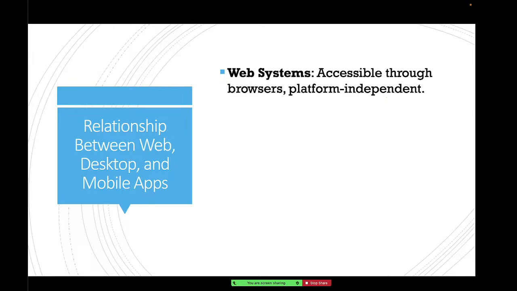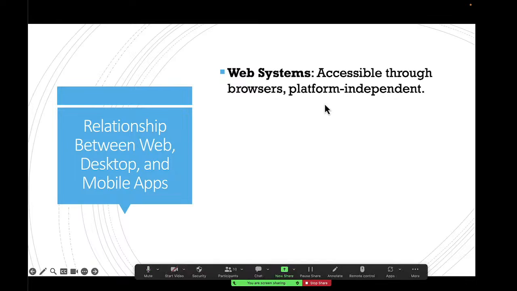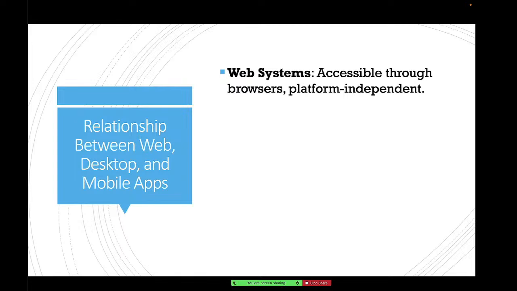Web systems are accessible through browsers and are platform independent. Web systems are accessed through the browser. If you see a system that asks you to open your Google Chrome, your Firefox, or your Opera Mini, just know that is what we call a web system. And it is platform independent.